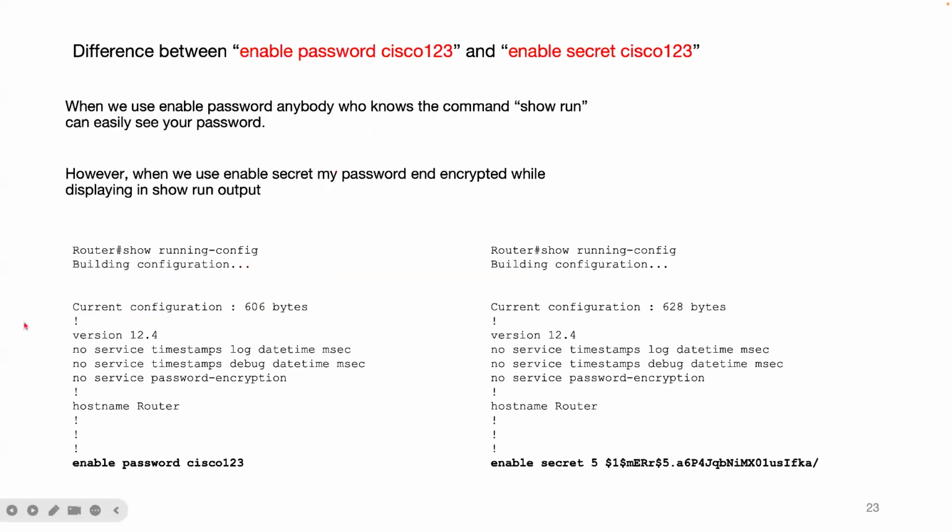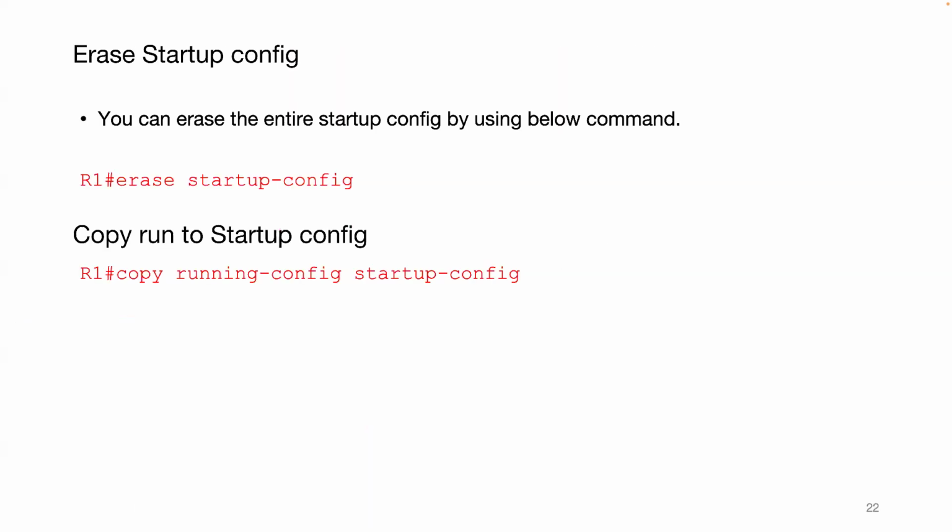Now, erasing. If I want to delete the configuration which I have configured on my device, the command is erase startup-config. You cannot delete the running configuration. Sorry, the running configuration is currently running, right? It is because of it that my device is running.